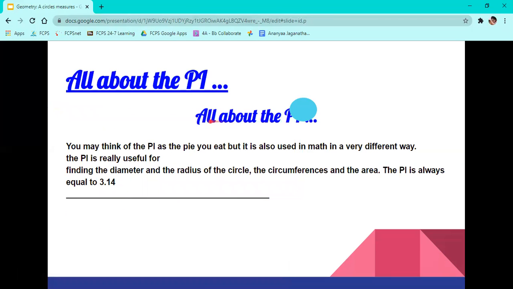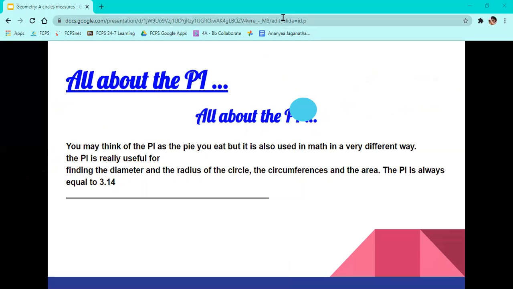All about pi. You may think of pi as a pie you eat, but it is also used in math in a very different way. Pi is really useful for finding the circumference and the area of the circle. Pi is always equal to 3.14.